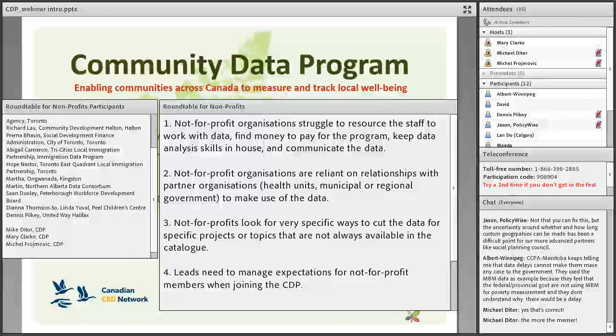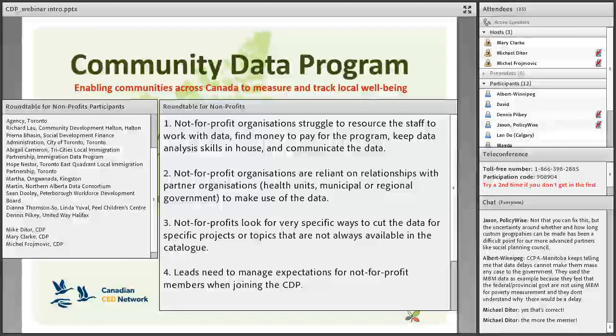How is it going to support what they're doing? How is it going to help them measure? How is it going to help understand more about what's going on in their communities? What can they track over time? What is the potential for the population? How many people are they looking at? How many people can they expect to reach with what they're doing?